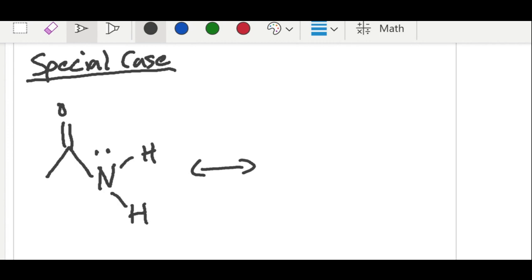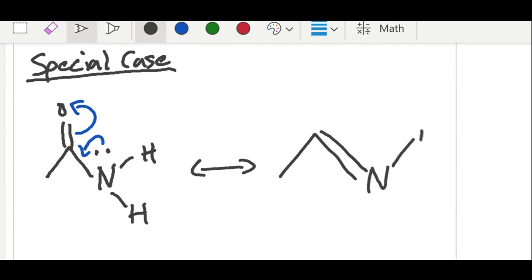But I'll go over it real quick. This lone pair can resonate with this double bond. So when I draw that, it's going to create a new double bond there, and this existing double bond will go onto oxygen. Okay. So when we redraw it, we have a new double bond there.